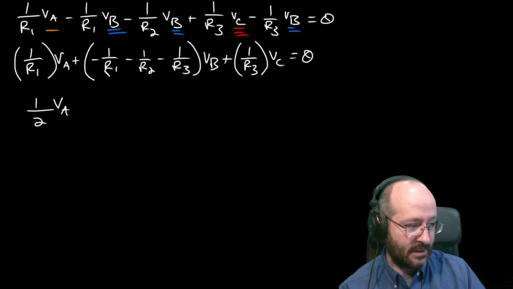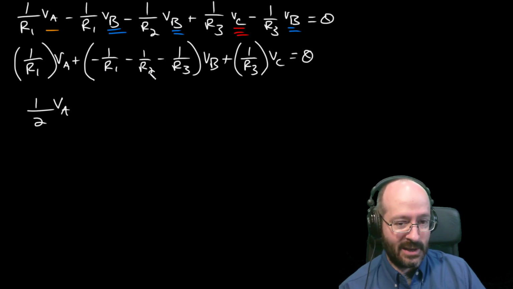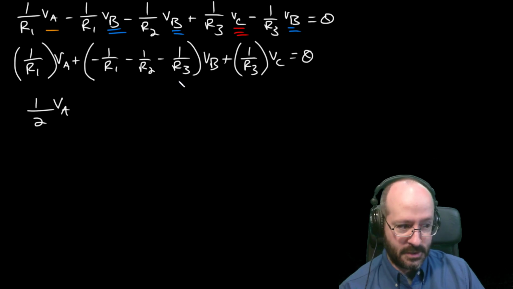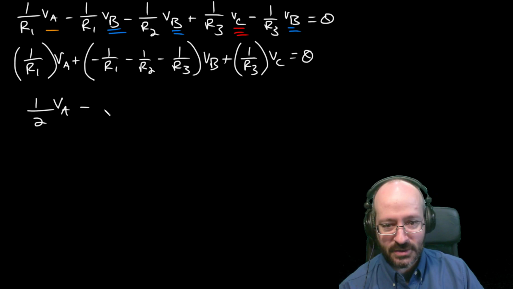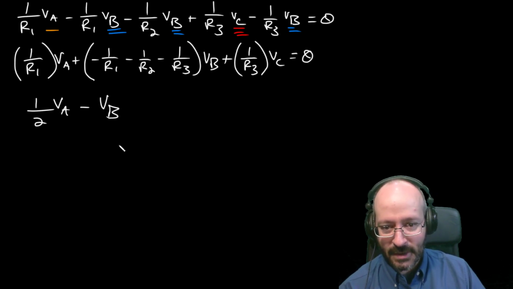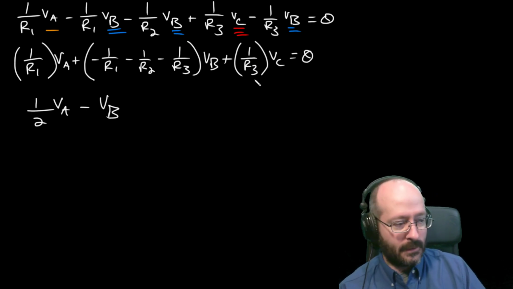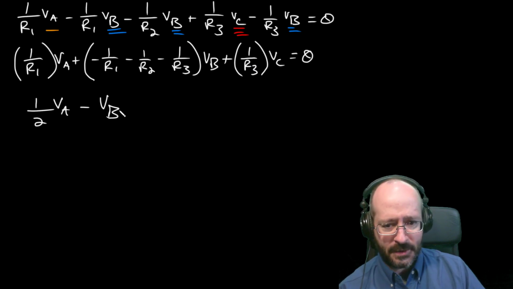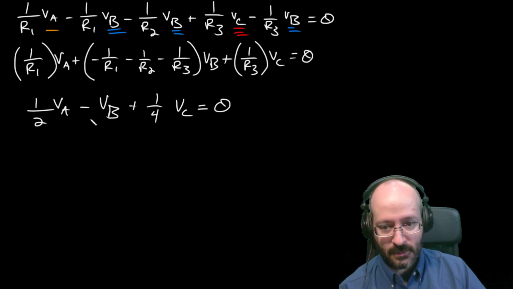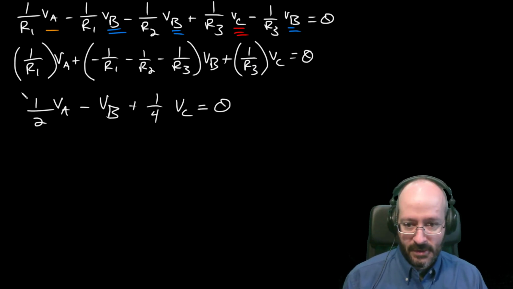Now I have negative 1/2, negative 1/4, and negative 1/4, which makes negative 1. So it's just going to be negative VB as I plug that in. For R3, I'm going to have plus 1/4 in front of VC, and that's equal to 0. All right, that looks good.